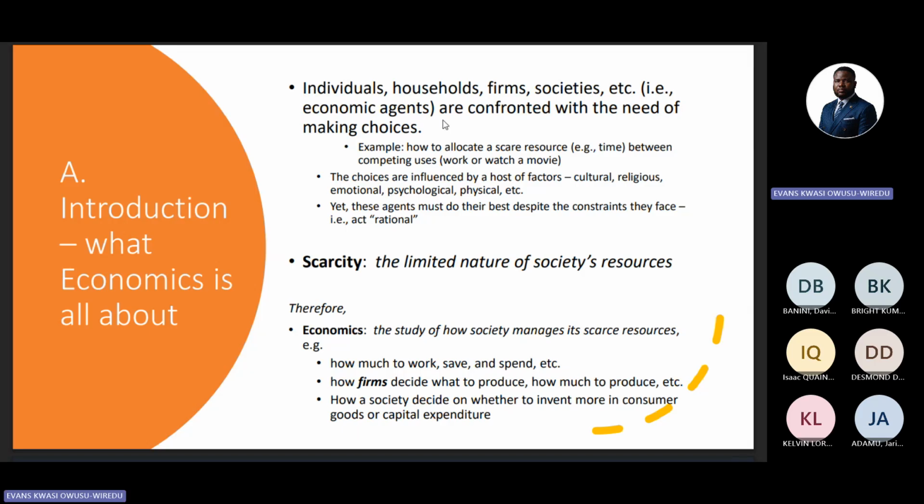And so wants are endless and needs are finite. So when I say finite, I mean that it's something that has an end.